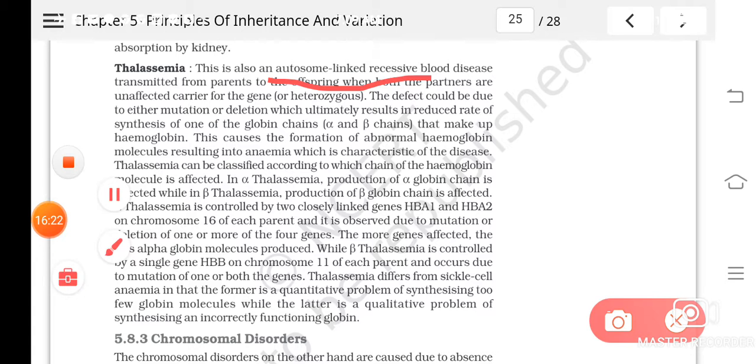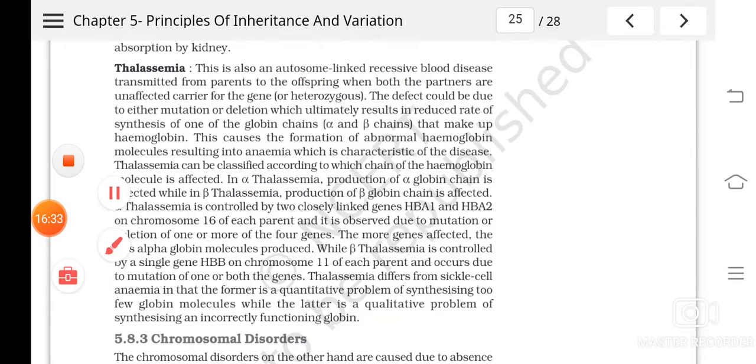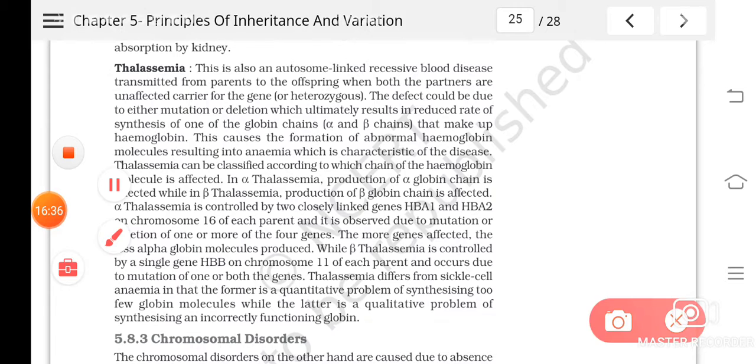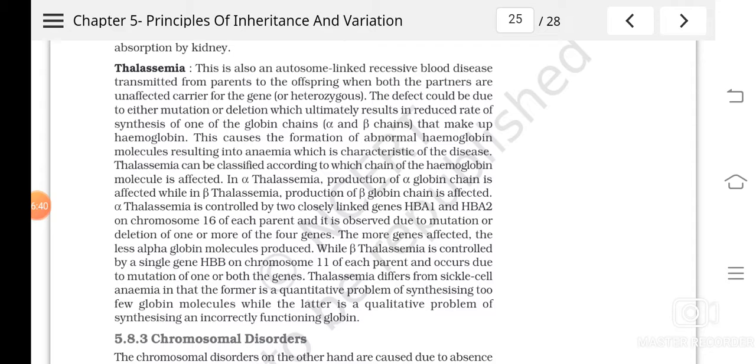Understood? So if the production of alpha chain is less, then that is known as alpha thalassemia. And if the production of beta chain is affected, then it is known as beta thalassemia. If any of these polypeptide chains are affected, then abnormal hemoglobin will be formed, or the formed hemoglobin will not be normal.